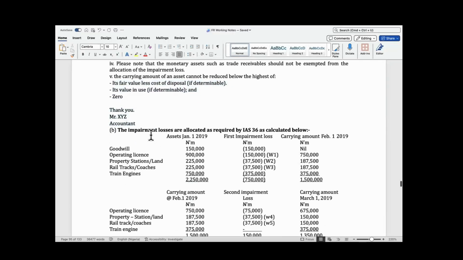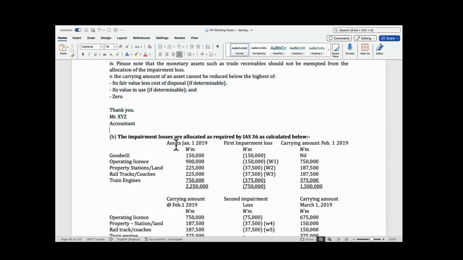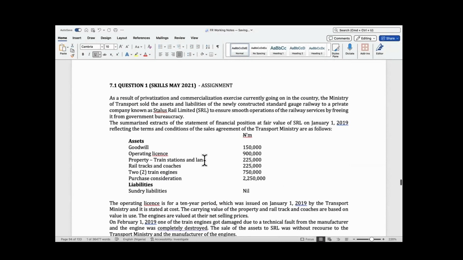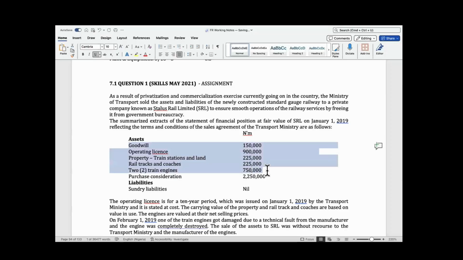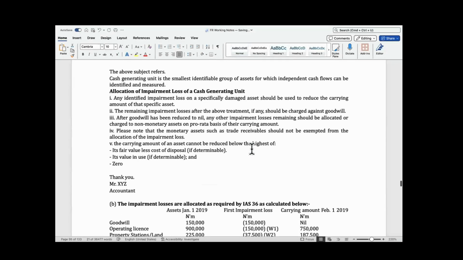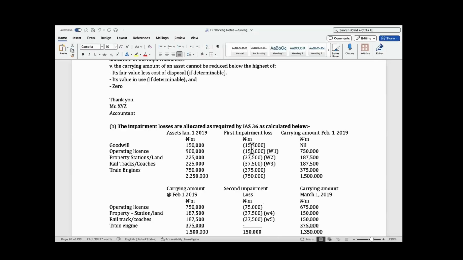Now B, where they asked us to allocate impairment loss in February and in March. First, I listed out all the assets given in the question with their carrying amounts. The total was 2.2. So what we just did was to list out all these assets. Then I followed the order of impairment loss.